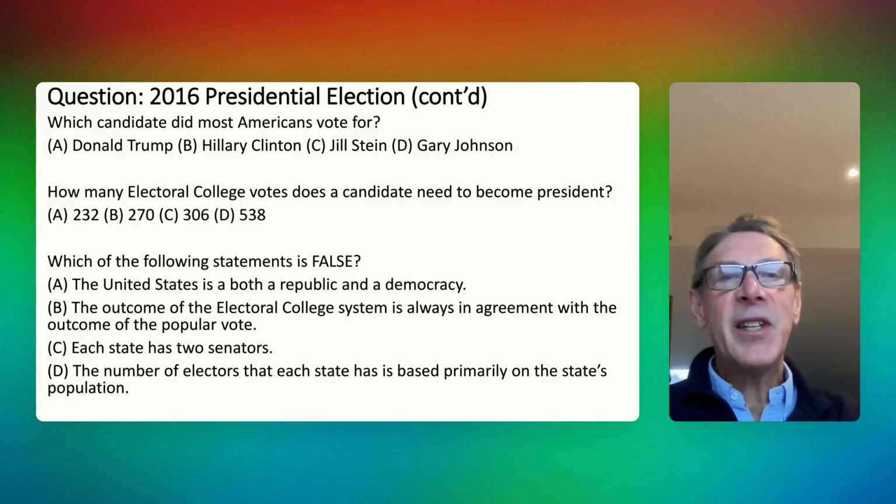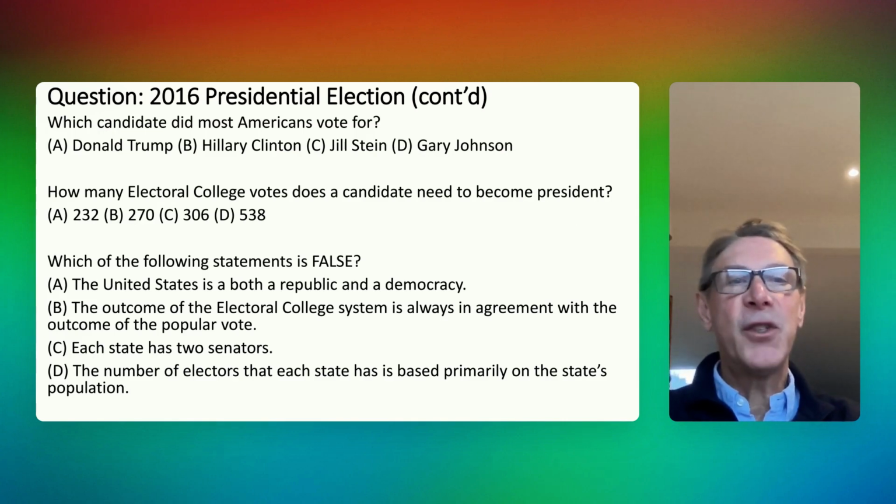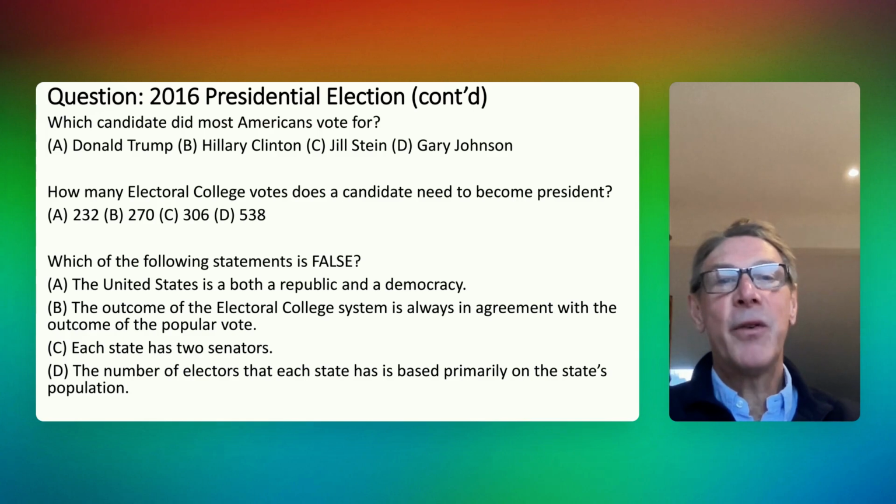Which of the following statements is false? A, the United States is both a republic and a democracy. Well, right in the first video, we did forms of government, and the US is both a republic and a democracy.